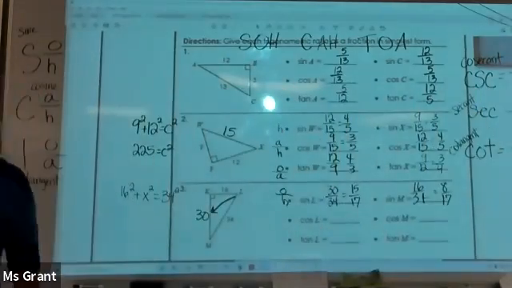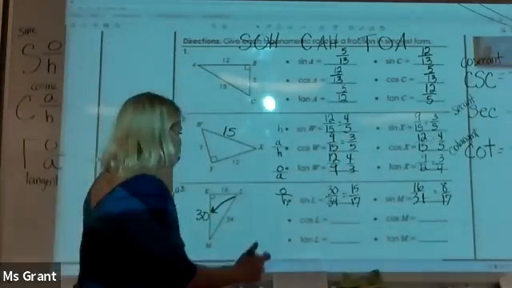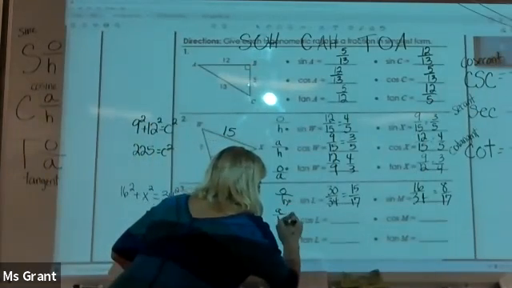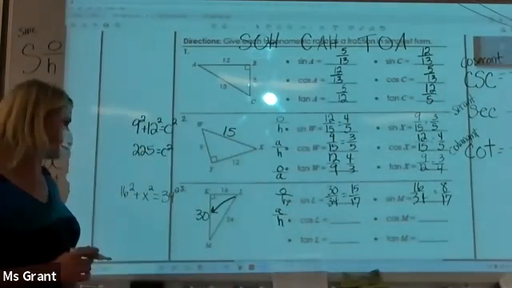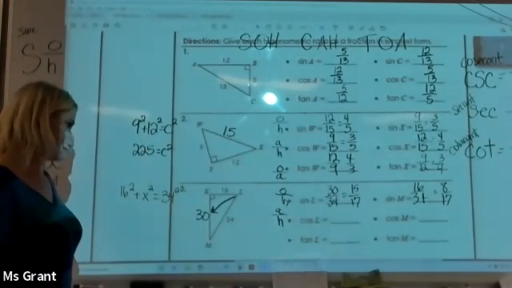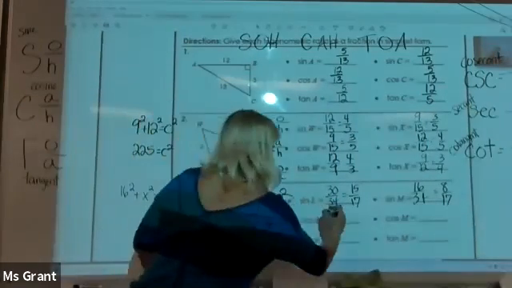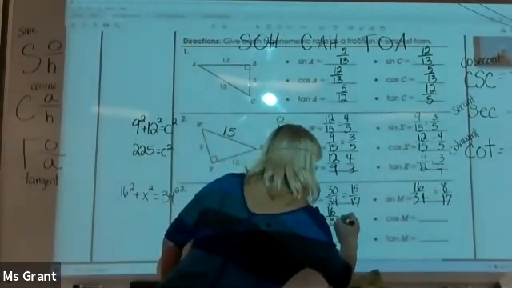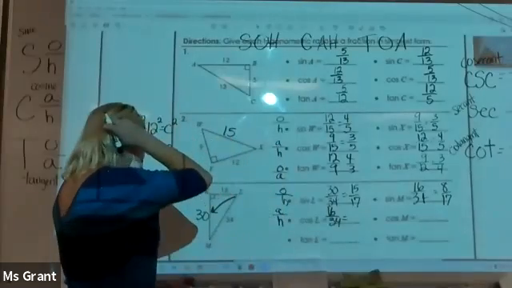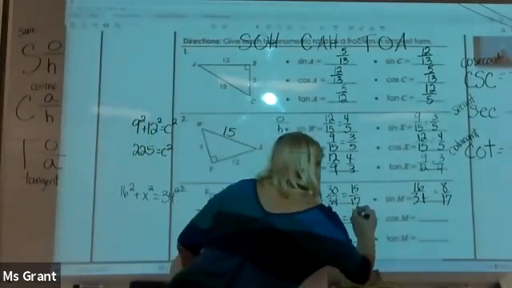Cosine of angle L. Adjacent over hypotenuse. Someone. 16 over 34. Then you guys are done helping, thank you. 8/17.